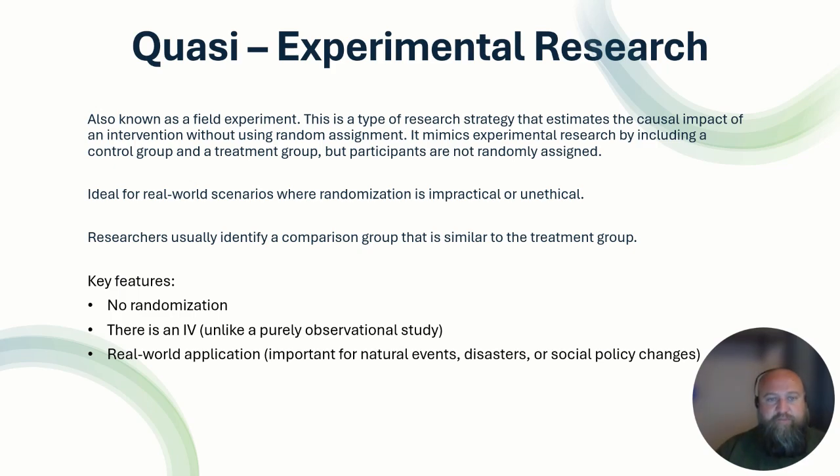It mimics experimental research by including a control group and a treatment group, but participants are not randomly assigned. It's ideal for real-world scenarios where randomization is impractical or unethical. Researchers usually identify a comparison group that is similar to the treatment group. So I'll give you some examples here.